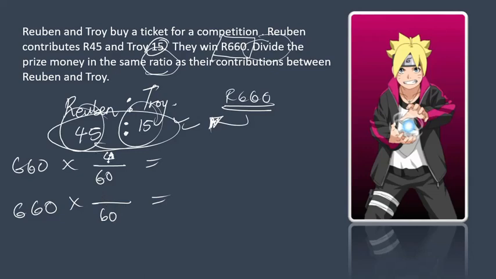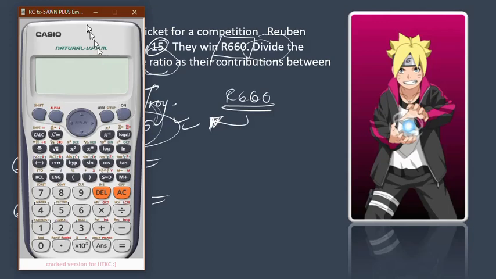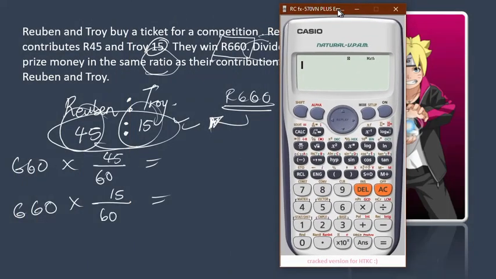Now the first value is 45. The second value is 15. Then you look for answers there. So that will mean this one I'll say 660 multiplied by 45 all over 60, equal sign, I get 495.